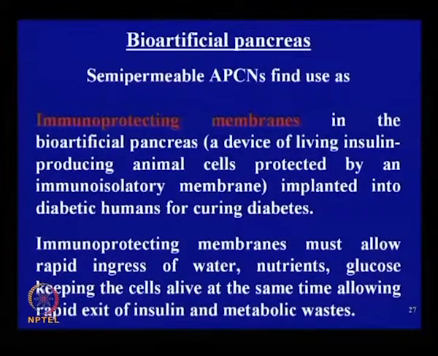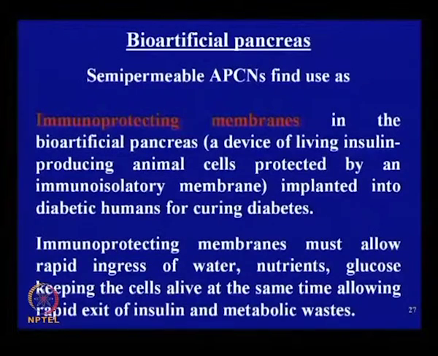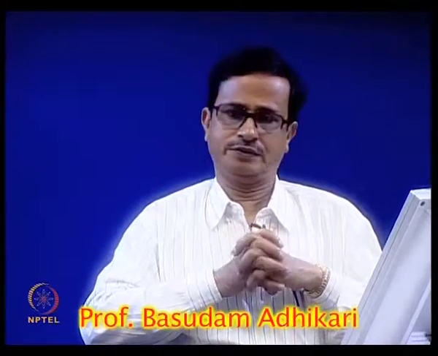Okay. So, this bioartificial pancreas can be made with such type of polymer networks, because these are mostly hydrogels and their hydrophilicity, hydrophobicity all are regulated by regulating their compositions. Thank you.